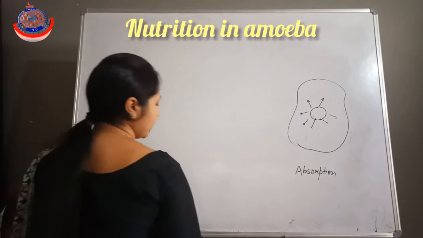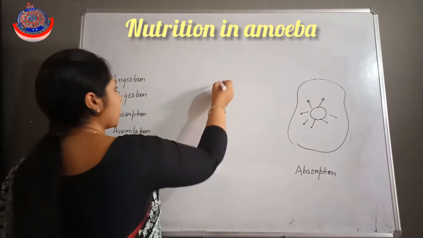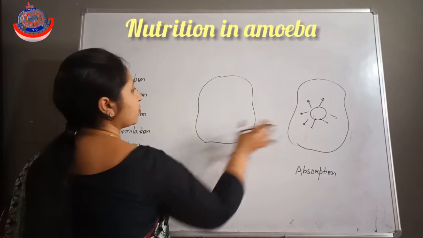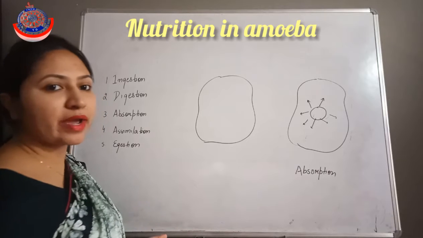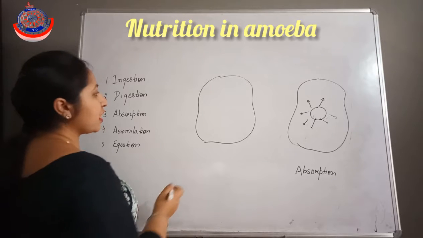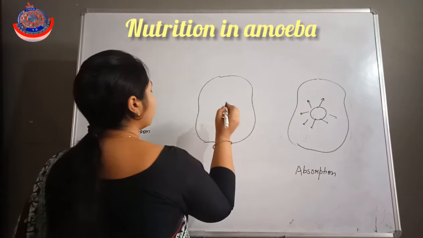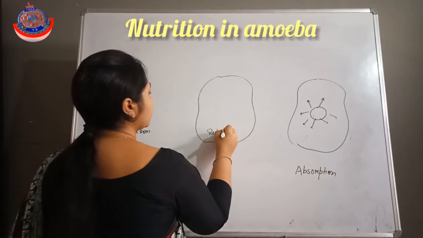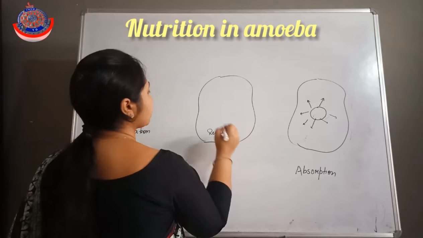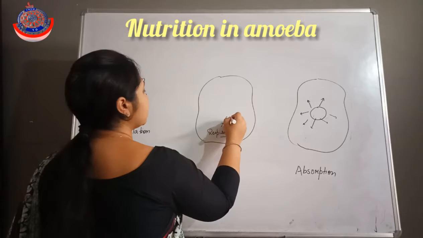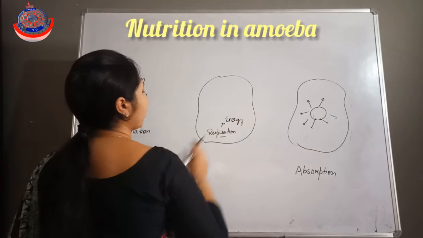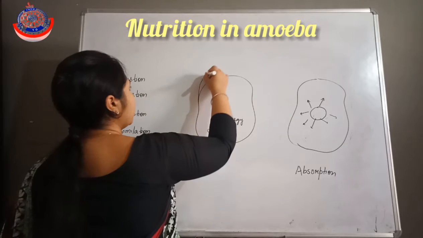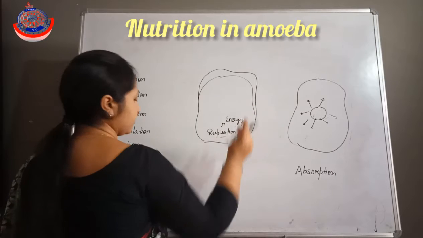In assimilation, the food which is absorbed by the cytoplasm, during the respiration process, provides energy to the cell, and the cell grows in size.